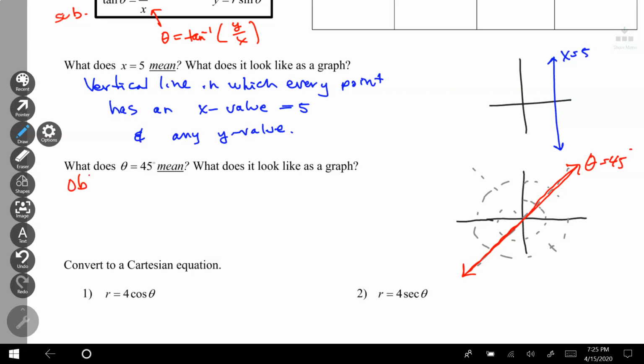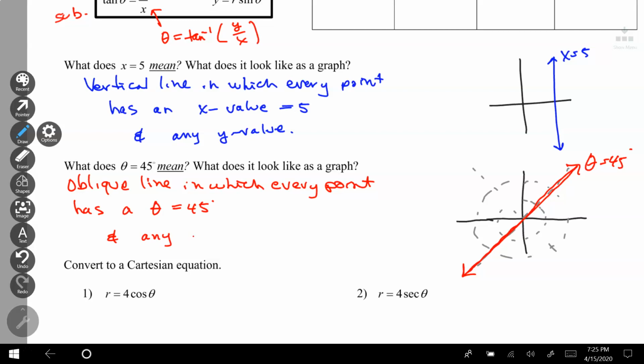It is an oblique line, or a slanted line, in which every point has a theta equal to 45 degrees and any r value that you want. Every point on this graph is going to be some r value comma 45 degrees.